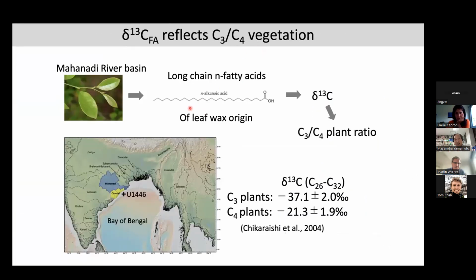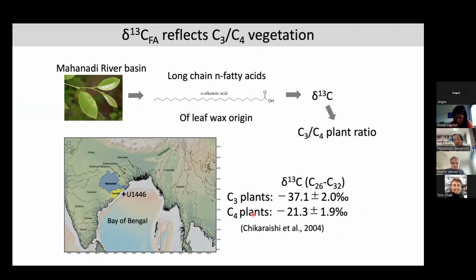Long chain normal fatty acid is this compound. This is a leaf wax of the terrestrial higher plants. There are C3 and C4 plants with different carbon isotopic composition. So if we see the carbon isotopic composition, we can distinguish C3 and C4 plants.